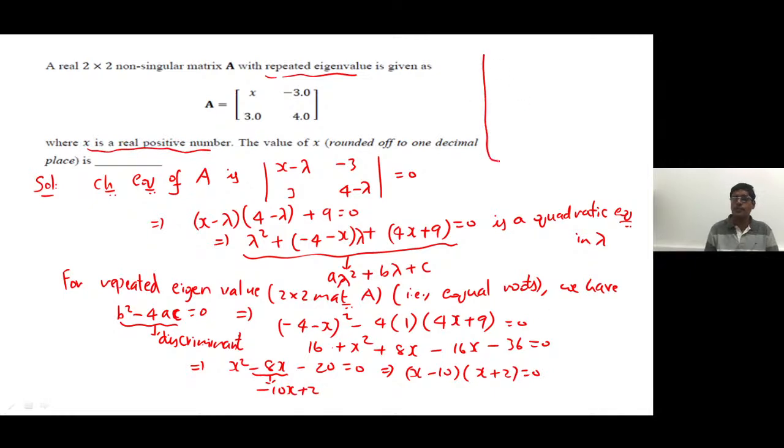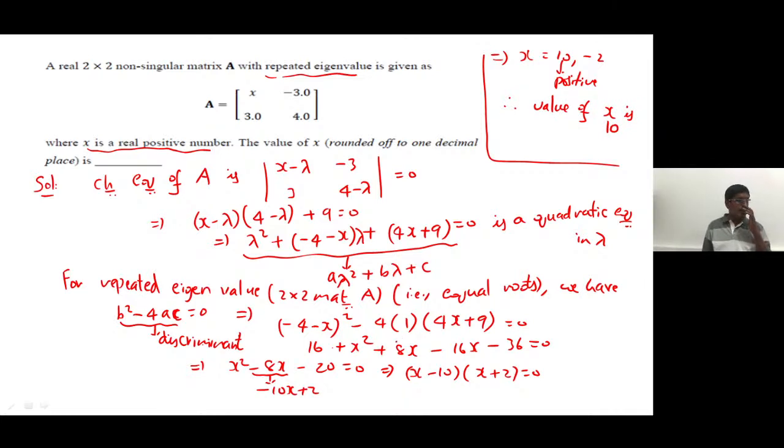So here I can do implies x is equal to 10 comma minus 2. So this is positive real number. Therefore value of x is 10. So the answer is 10. This is the end of the question. Hope that everyone following and understood.